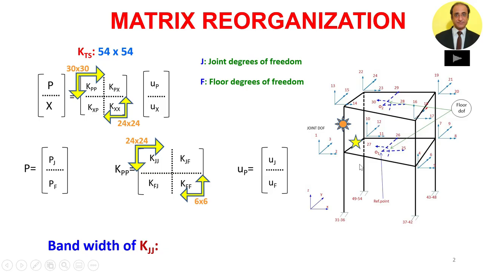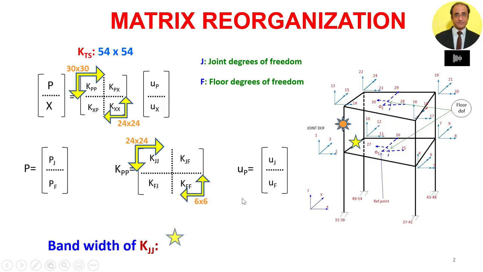Now when we do this, we can just choose the same two members, the particular beam and the column. The main difference here would be that we are finding out the bandwidth of KJJ. Hence we are only considering the joint degrees of freedom and we are not considering the flow degrees of freedom at all.